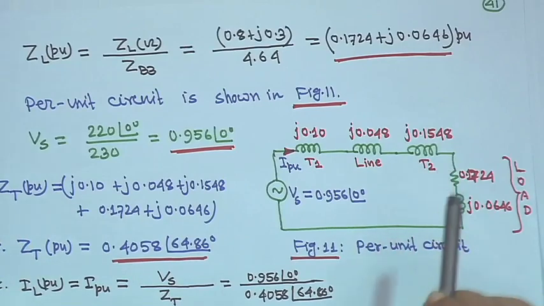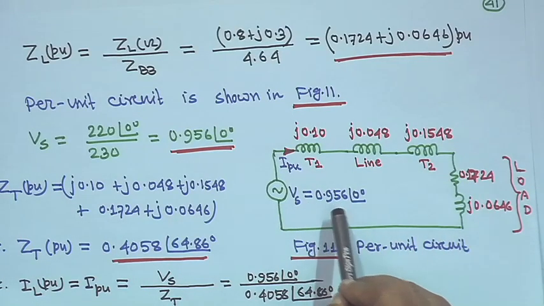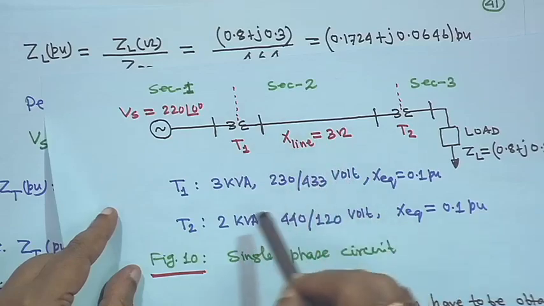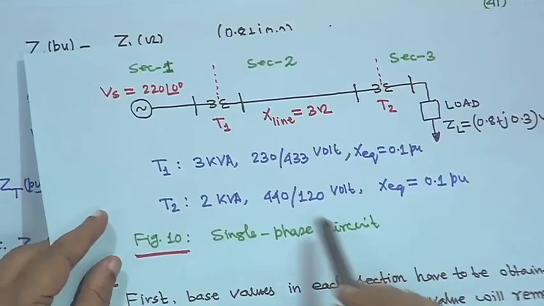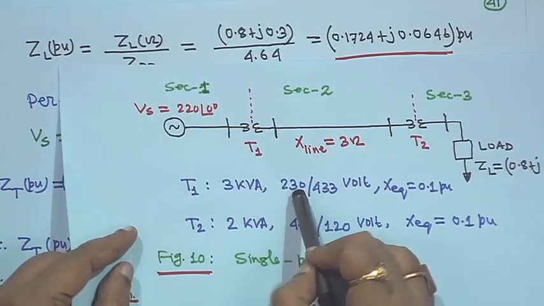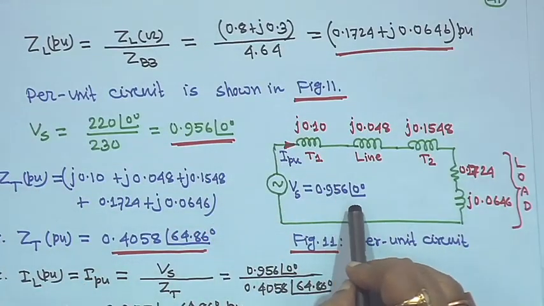In the circuit you have a source voltage Vs, which is given as 220 angle 0, but the base voltage is 230. So, 220 upon 230 becomes 0.956 angle 0.